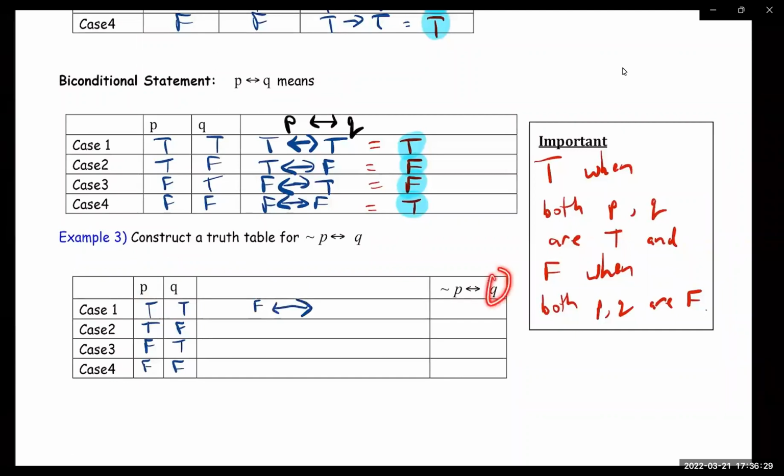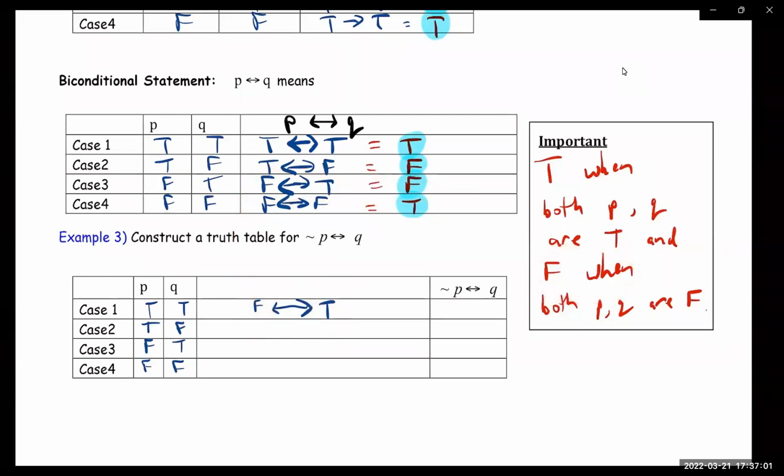And then Q, that's going to be true. So what do we think? Is this statement true or false? You can look up here to help you. False. Yeah, it's false. Remember we said if one of them's true and one of them's false, then it's going to be false.